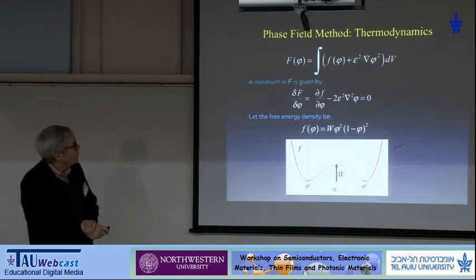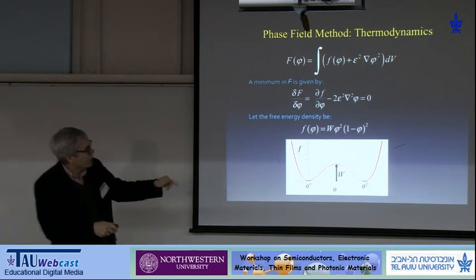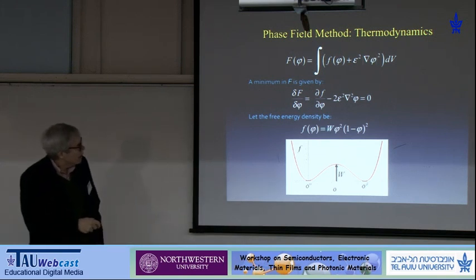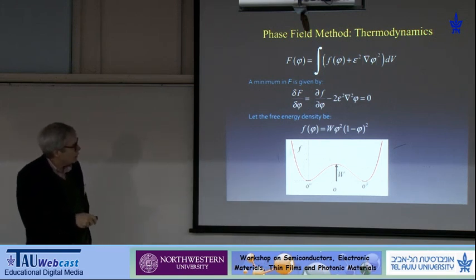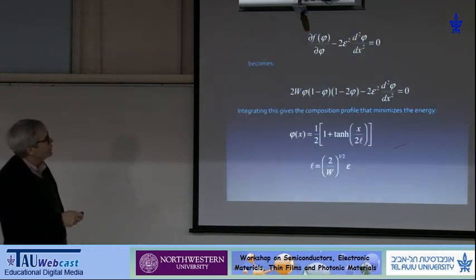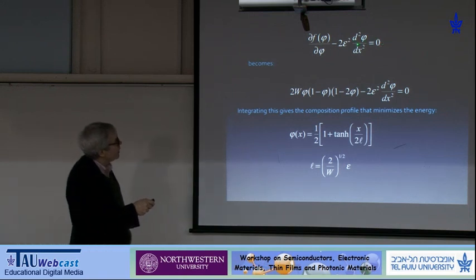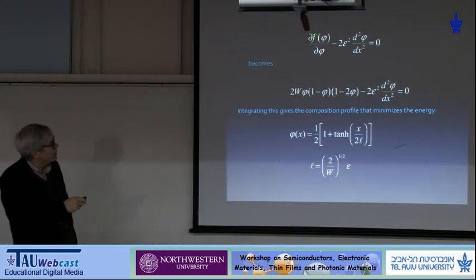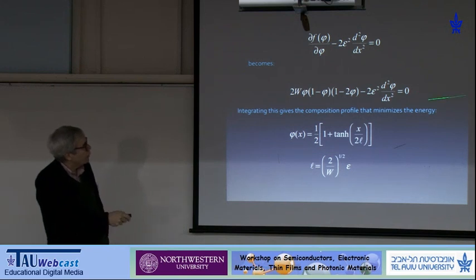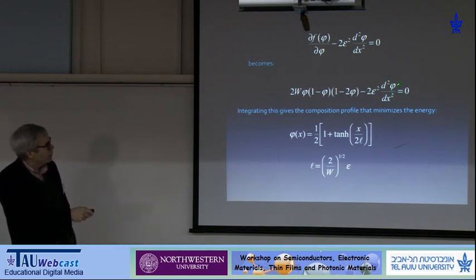And so now we have this thing here equal to 0, which tells you something about the composition profile through the interface. If you have a double-well free energy function that looks like this, it turns out you can get closed-form solutions to this equation. If you set it equal to 0, you plug in f as a function of phi, and you have this ordinary differential equation for phi as a function of x.